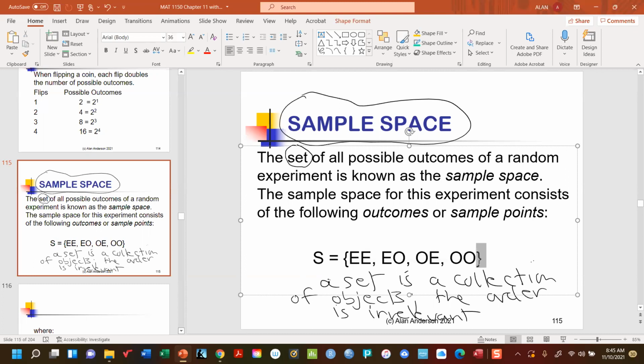That means this is simply a collection of objects where the order in which I've put them has no bearing on what this is equal to. So it's just a group of objects, and here, those objects are the 4 possible outcomes of my experiment. We call this the sample space. Each element is sometimes called a sample point, although sometimes we simply call them elements, and they're all referred to as outcomes, because they represent one thing that can happen when we conduct our experiment.